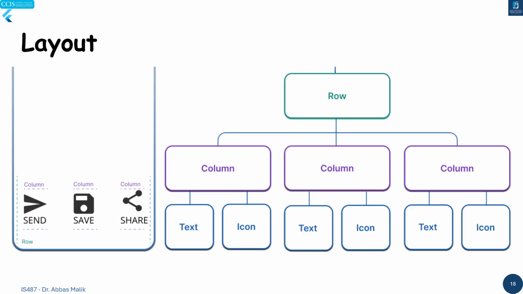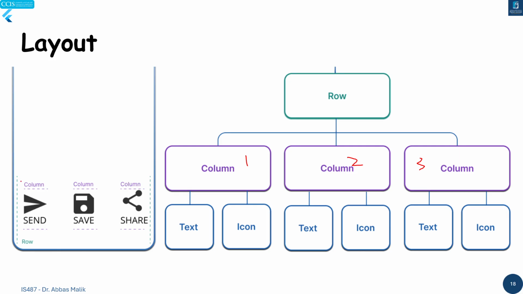So here is an example. We have a row, which means the components within the row are arranged horizontally. So if I say this is our row and it contains columns, so we have column one, column two, column three.